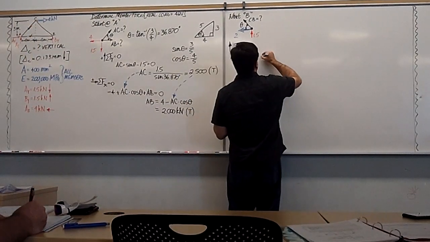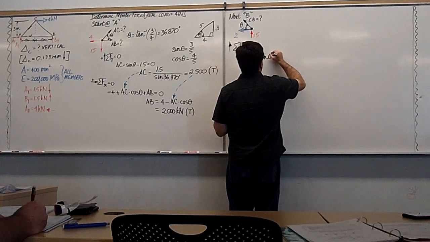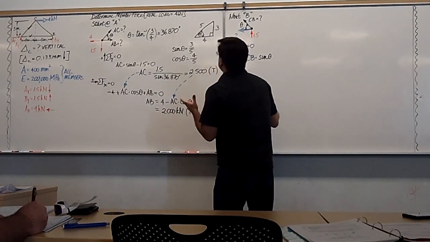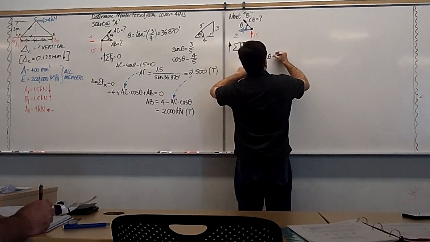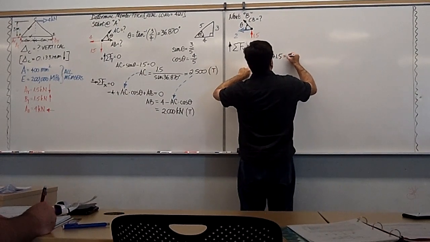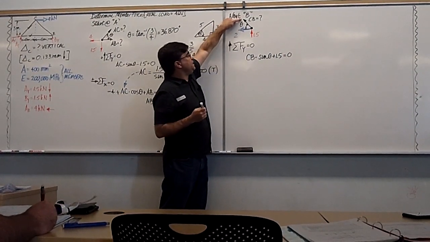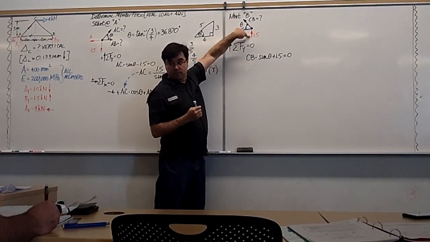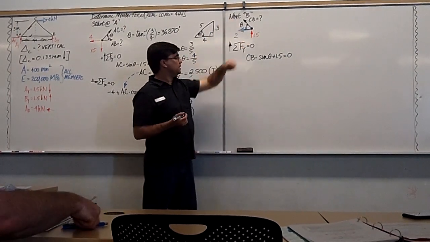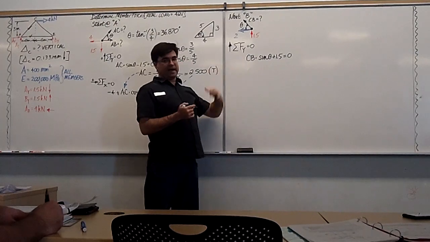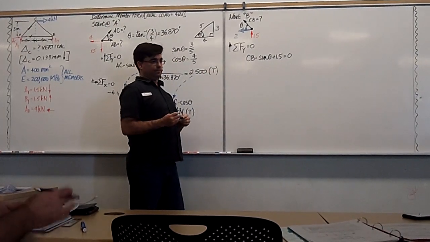So I'm going to call this CB times sine of that angle. And we also have 1.5 kilonewtons going up. So the Y component of CB plus the reaction vertically have to add up to 0 for this to be in equilibrium.